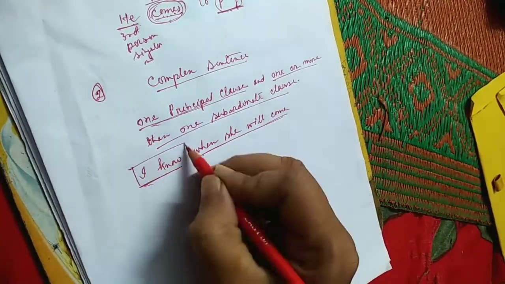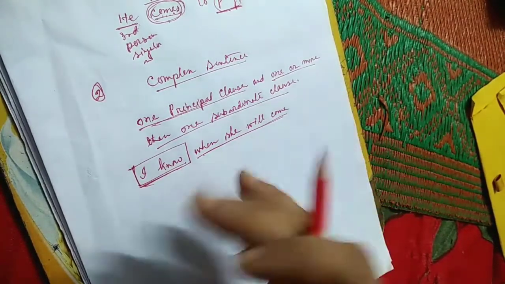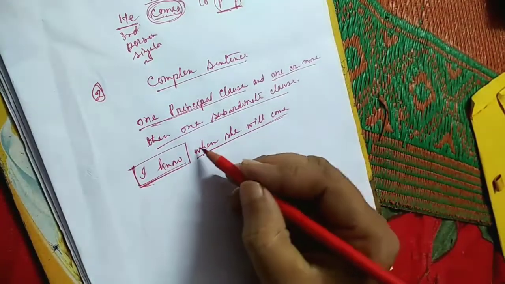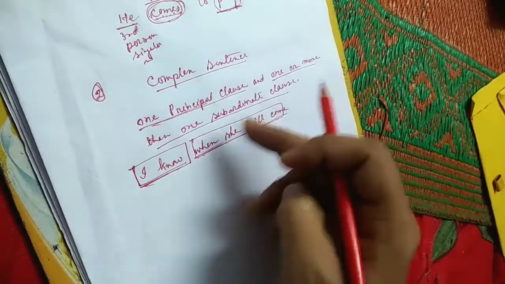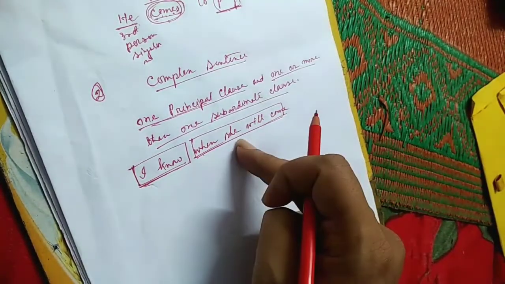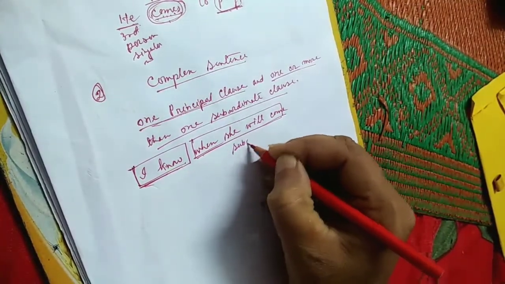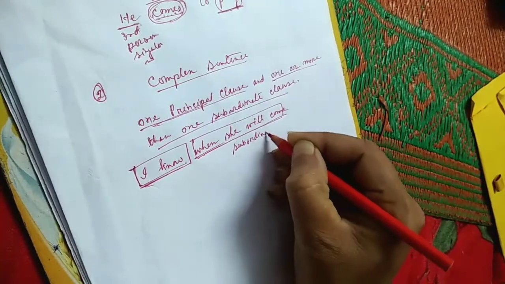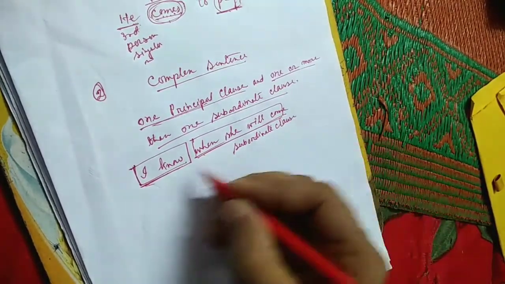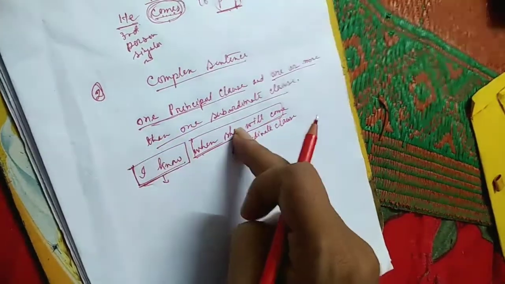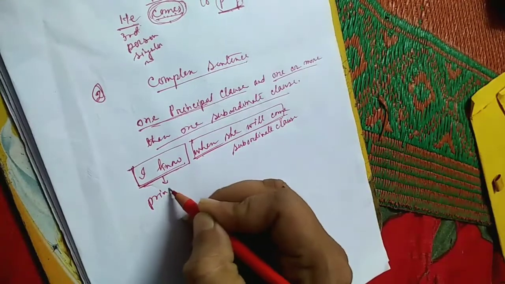If I say I know, it is a complete sentence. But when she will come, this second part depends on this. This is a subordinate clause. But I know does not depend on the other, so it is a principal clause.